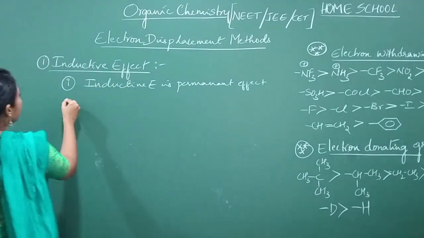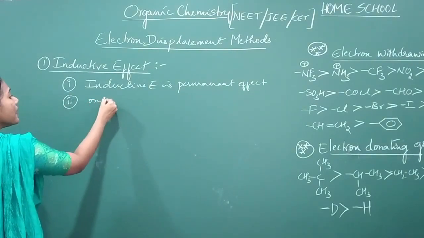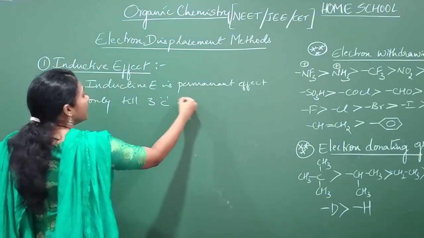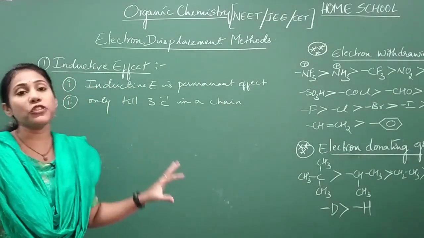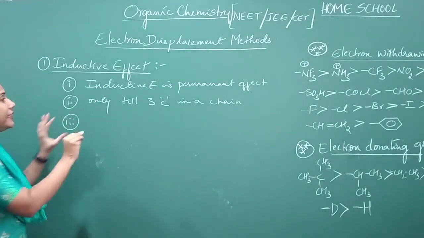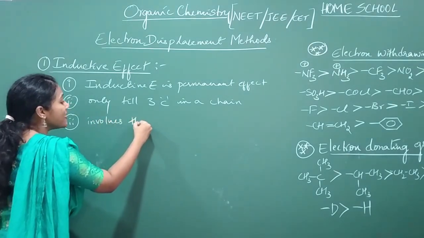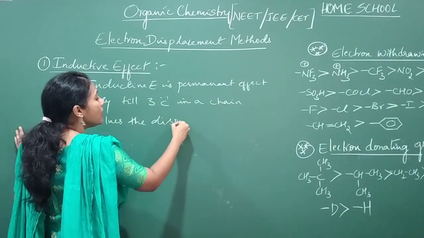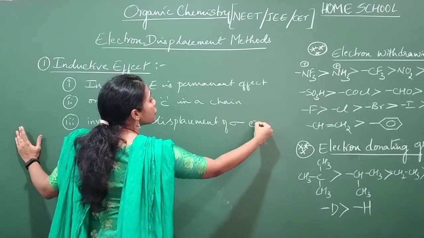Second, inductive effect is observed only till 3 carbons in a chain. And the third and most important point is that inductive effect involves the displacement of sigma electrons only.